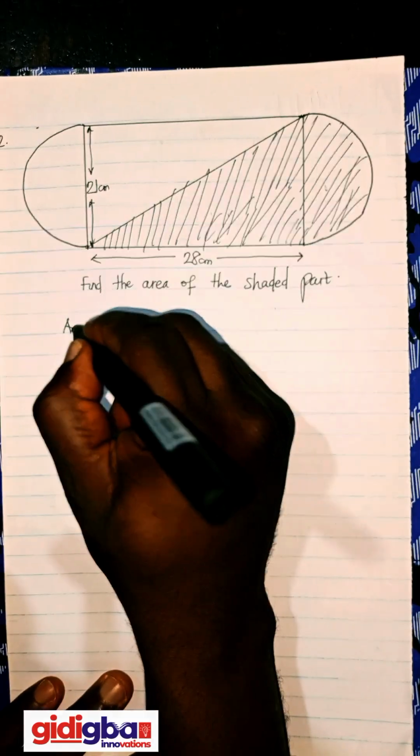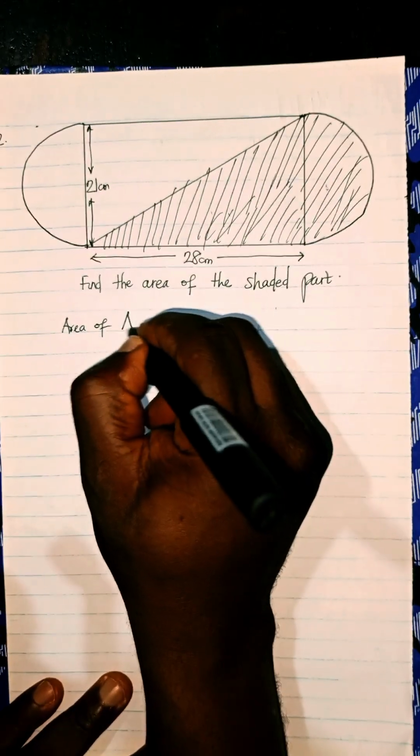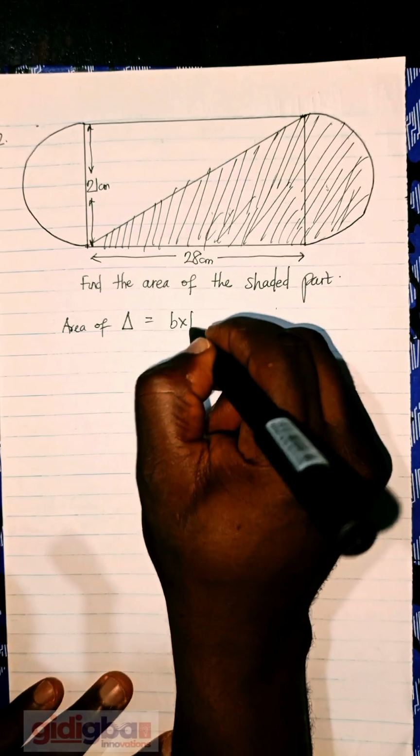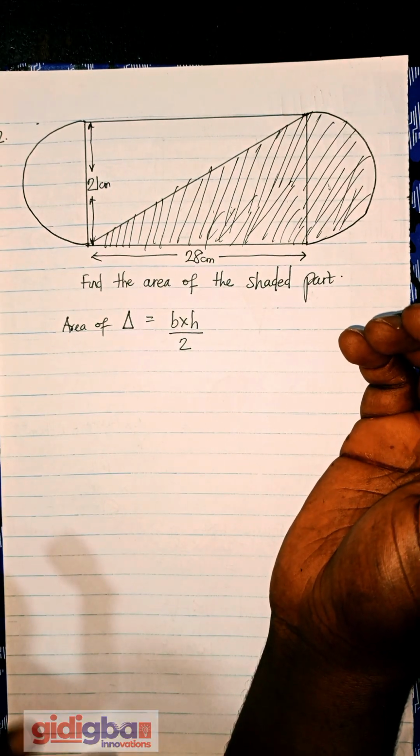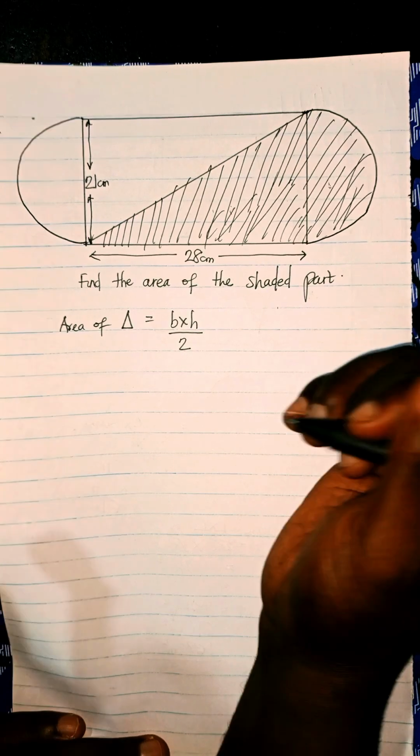The area of a triangle is base times height over 2. You also might know it as half base times height, same thing.